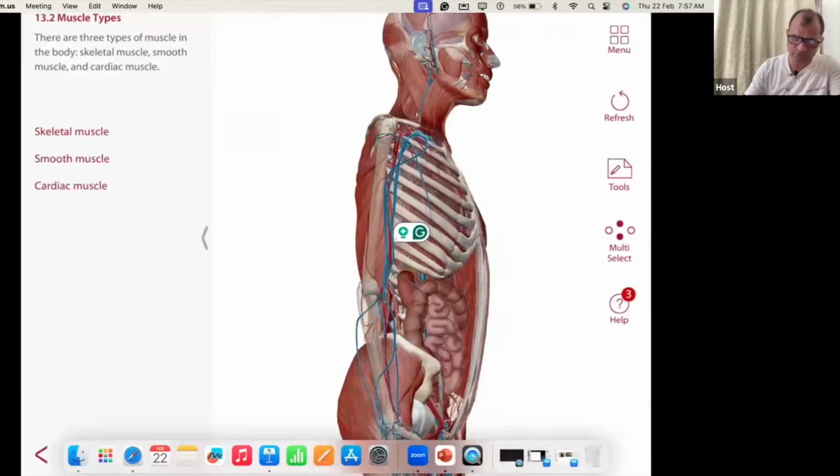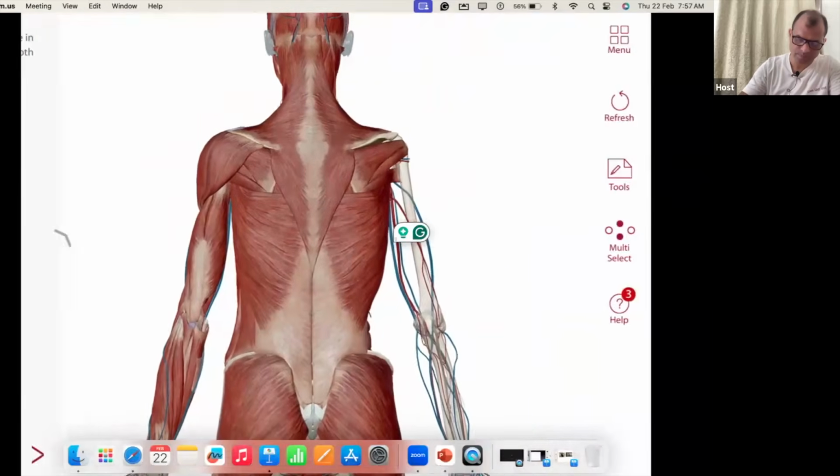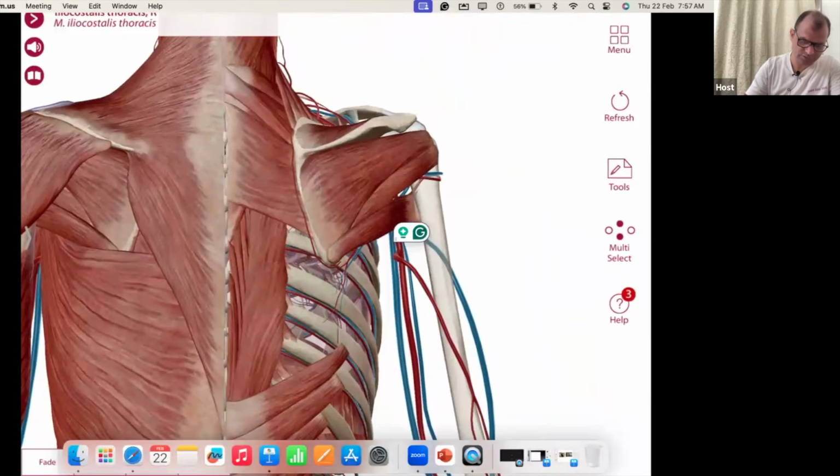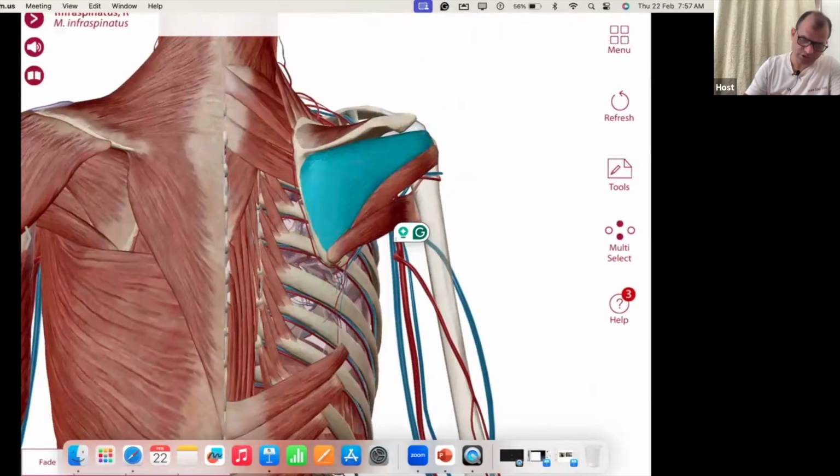So we can see here from the back side. So these are the various muscles. If we remove them, then we are reaching the scapula bone.